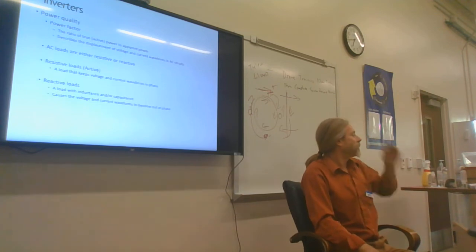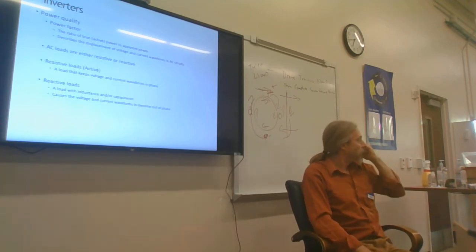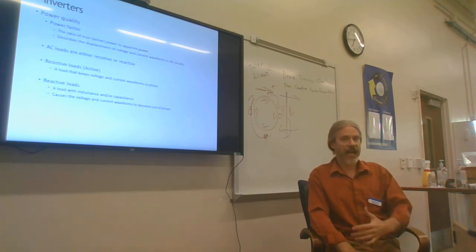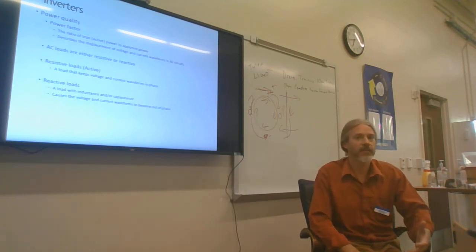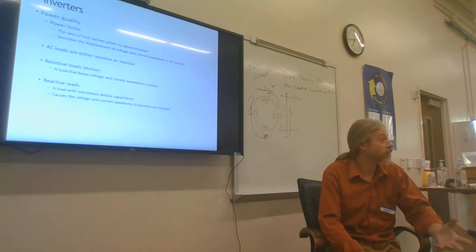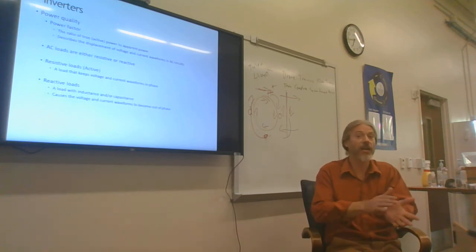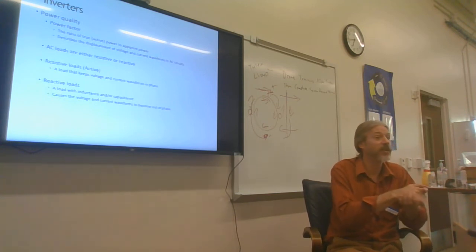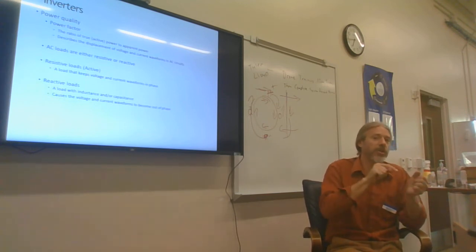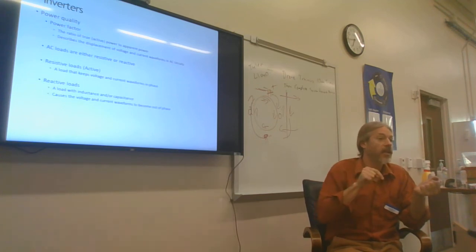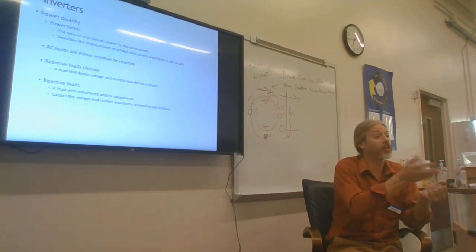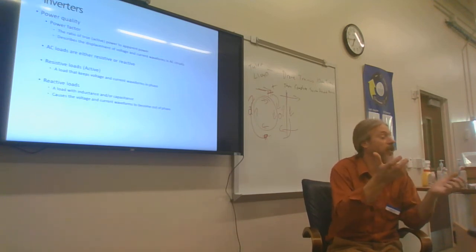There we go. Okay, and so AC loads are either resistive or reactive. Let's explain resistive. We understand resistance to the flow of electricity. I have a heating element in a hot water heater, and that is a resistive load. To push electrons through it takes a certain amount of voltage, and if you have 10 electrons or 10,000 electrons being pushed through that element, it is taking and outputting heat.